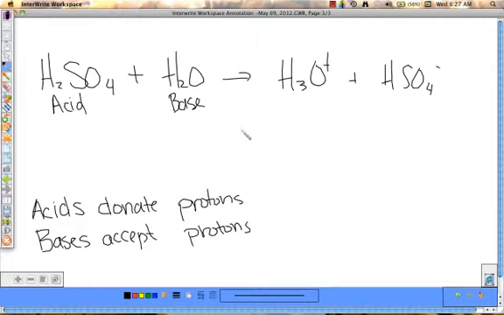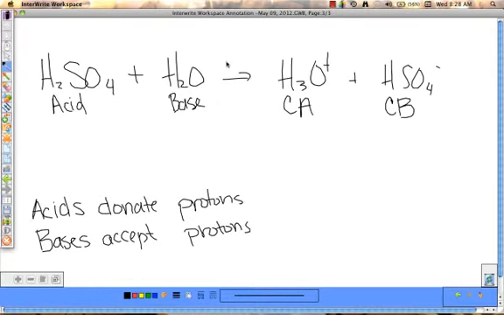Which one would be our conjugate base? This is our conjugate base. So after the acid has donated the proton, what's left is called the conjugate base. The base, after it's accepted a proton, that's called the conjugate acid.